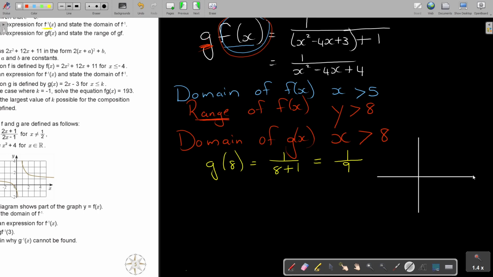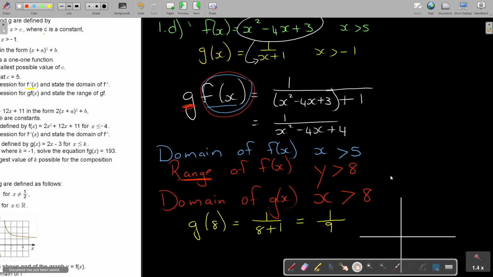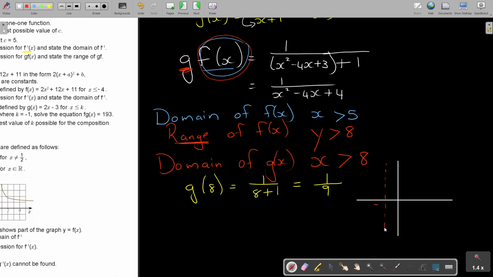Now, can I just go back? If g was 1 over x plus 1, x can just not be equal to negative 1. So at negative 1 is the asymptote. Now it works, and I'm not going to go too much into detail. It works like a hyperbola. So it's going to be like this, and it's going to be like this.